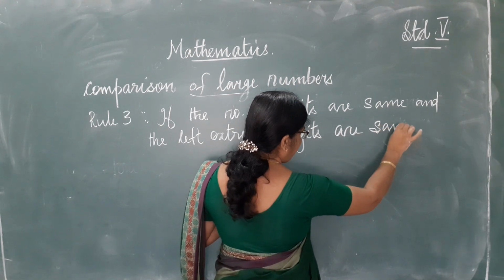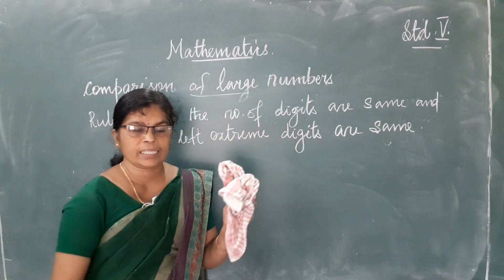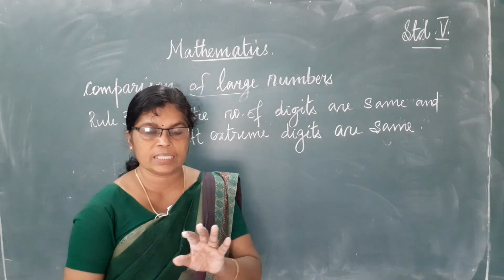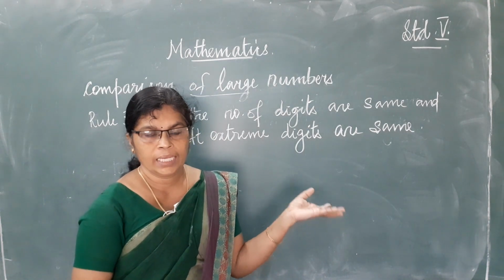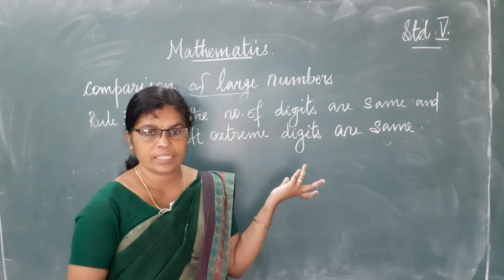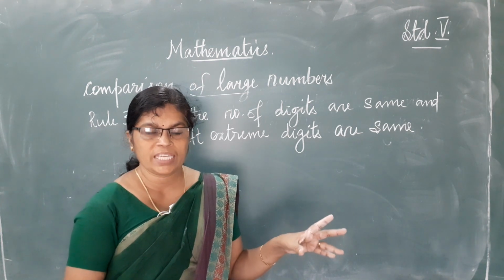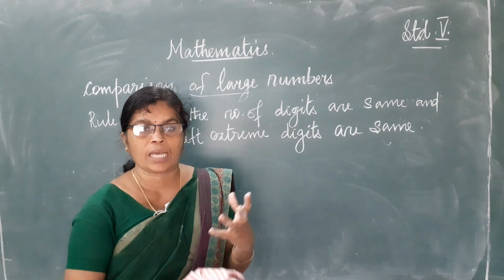Now see children, in the third case, the number of digits will be same. Okay. Then what do we have to do? We have to compare the left extreme digits of both the numbers. Now see, again these left extreme digits are also same.